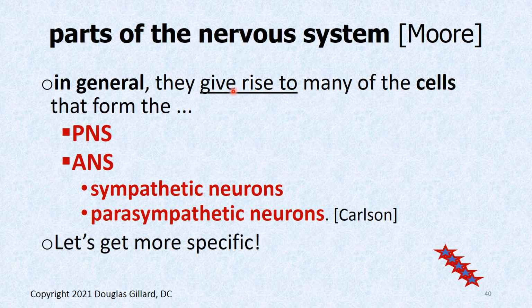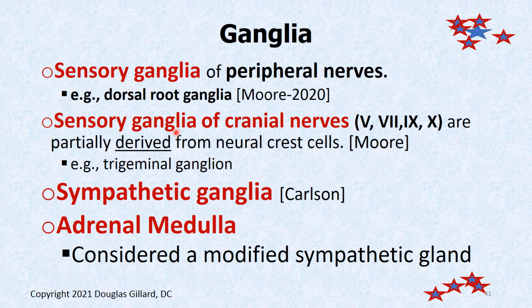In general, they give rise to most of the peripheral nervous system and the autonomic nervous system. So your sciatic nerve, your obturator nerve, the cranial nerves, these are all built from neural crest cells, which get to an area and then start multiplying and spreading out into a big nerve-like structure.